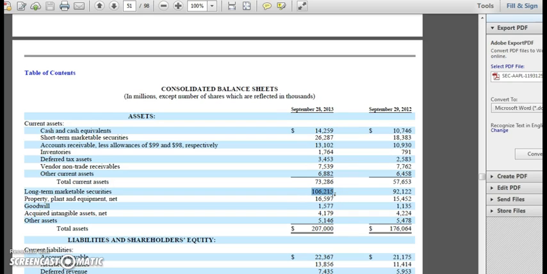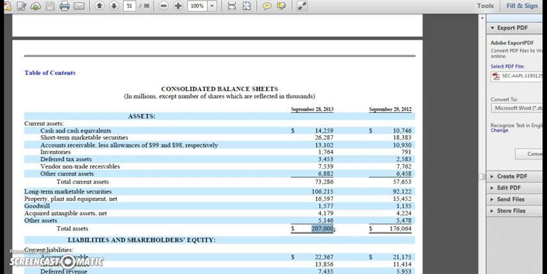This means Apple, if you look at this, is basically cash. It takes a while to get it in terms of cash, but it's basically cash. So Apple has 146 of very highly liquid assets. So 146 out of 207, I think I saw a figure of 67%.